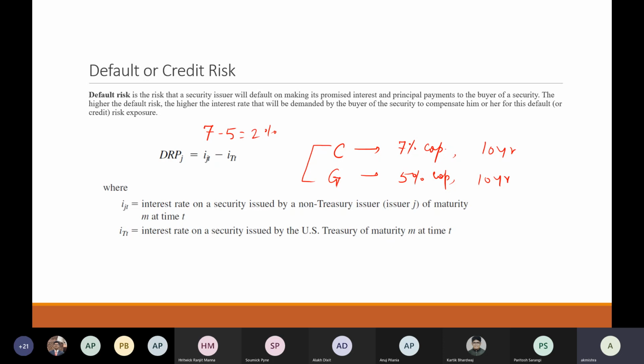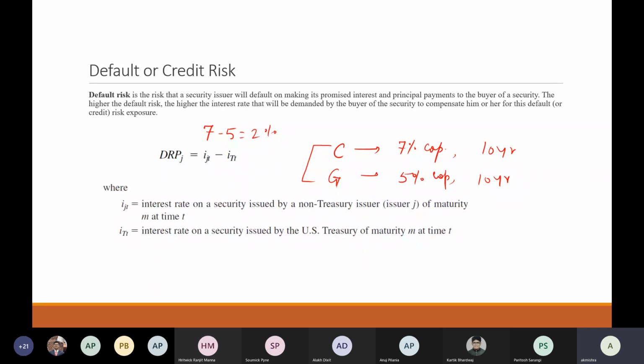Basically, how can we interpret this? The company is offering the investor 2% additional return for the risk the investor is taking by investing money in that company, right?